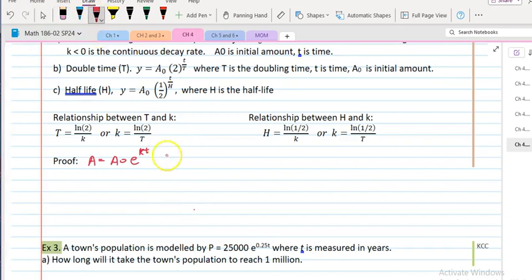Let's plug in t equal to the doubling time T. A would become double, 2 times A0. So this is what we know when t is the doubling time.